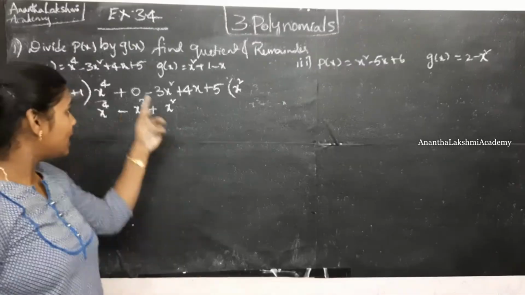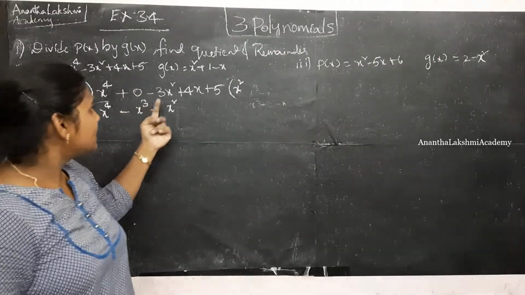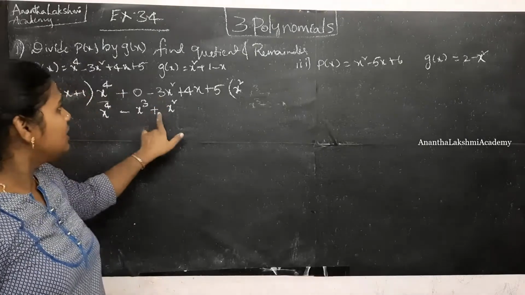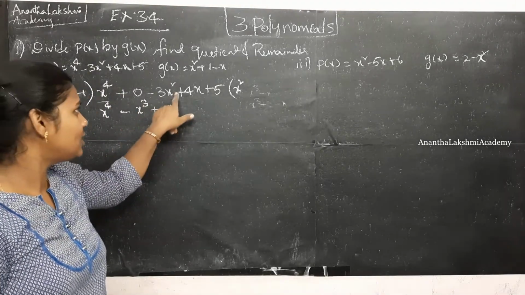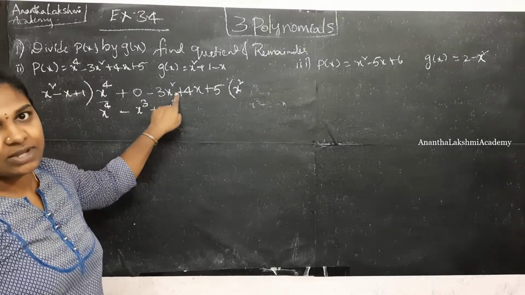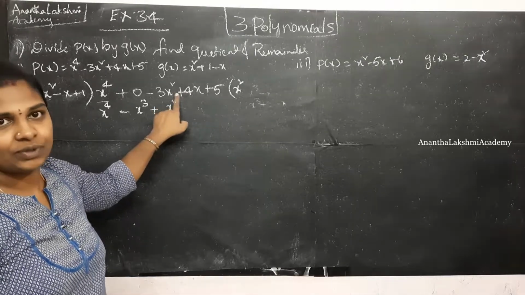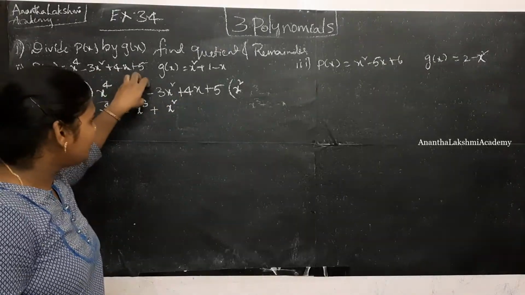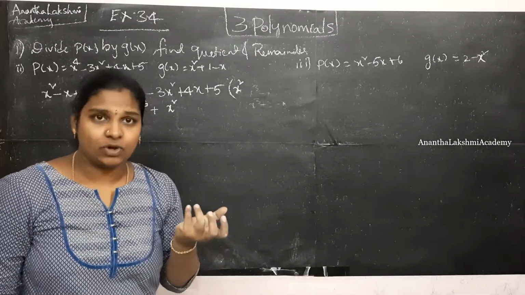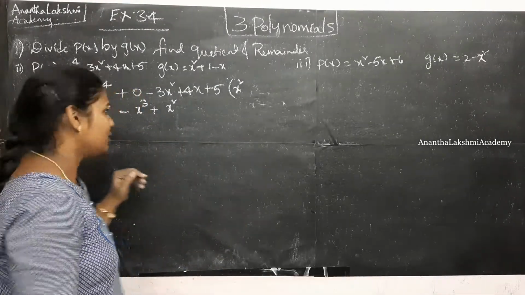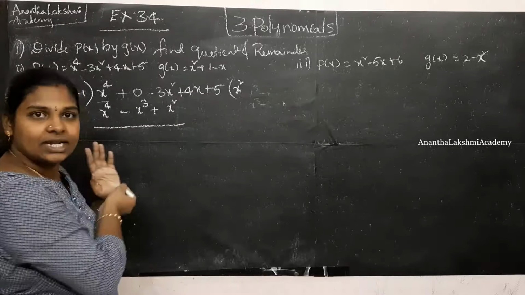Now you understood why I have put 0, because if you don't put 0 here, you will be substituting this x cube in place of x square. That way you will end up in mystery. Alright, so if one of the degrees is missing in the polynomial, we need to assume a 0 over here.